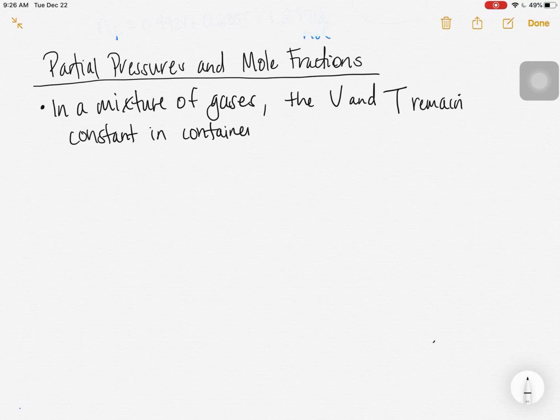So if I were to do a ratio, let's say I'm just going to call it gas 1. So if I had the pressure of gas 1, which could be found by taking the moles of gas 1 times R times T divided by V.